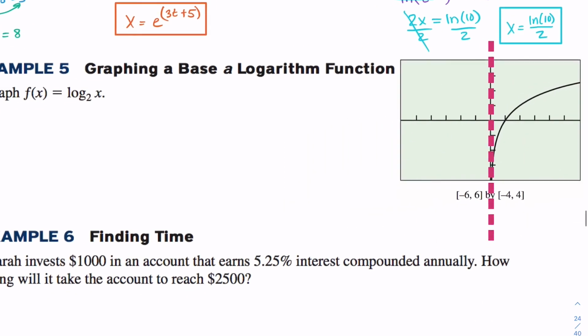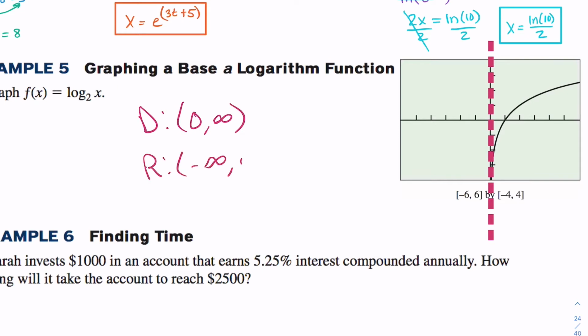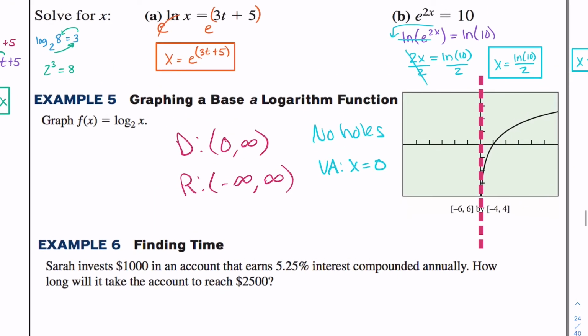Your domain is going to be all real numbers greater than 0, and your range is going to be all real numbers. We can say there's no holes. There's a vertical asymptote at x equals 0.